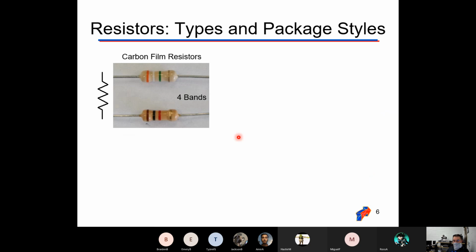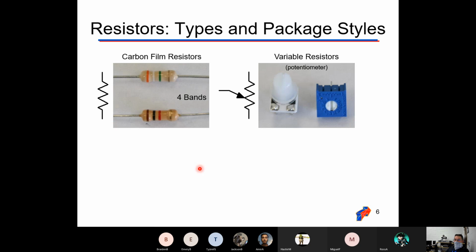Okay, so the different types of packages that you can get in resistors are going to be carbon film resistors. That's the first one, and this is the symbol for it. You'll have variable resistors. This is your symbol for variable resistors.